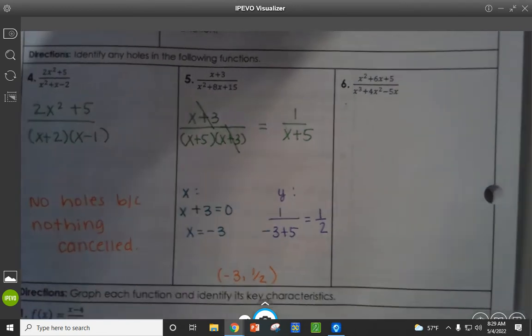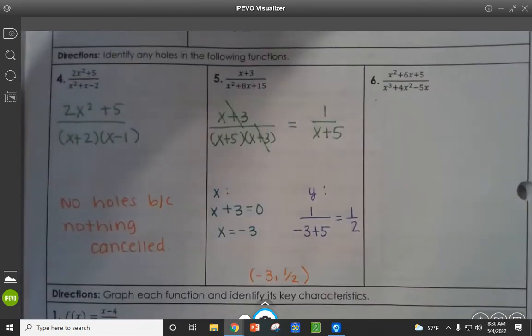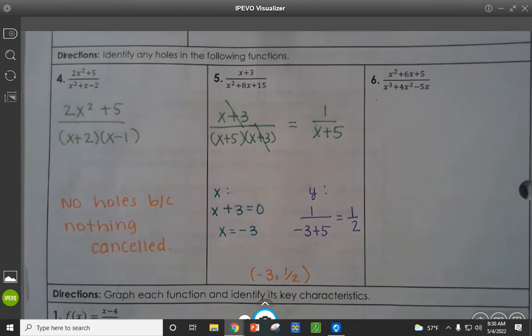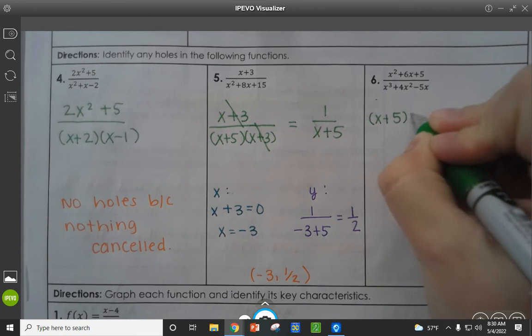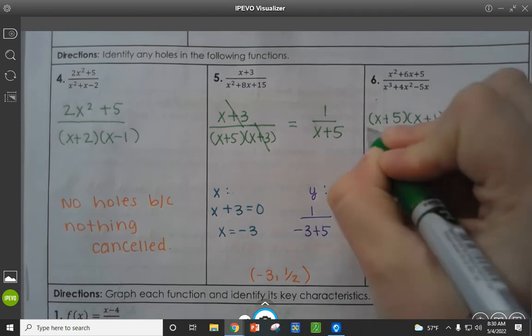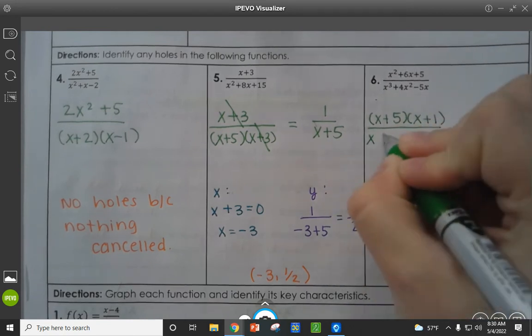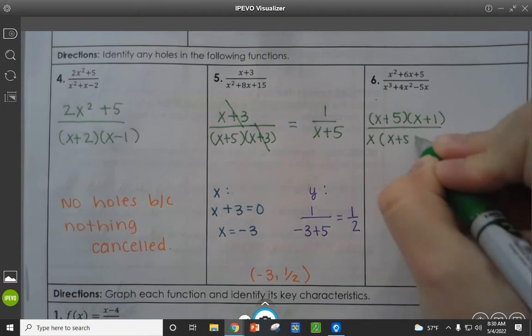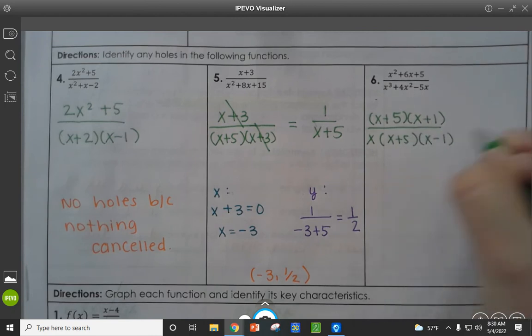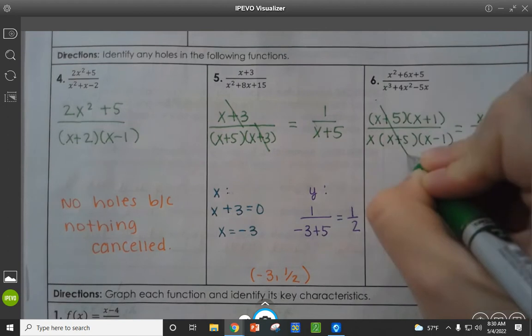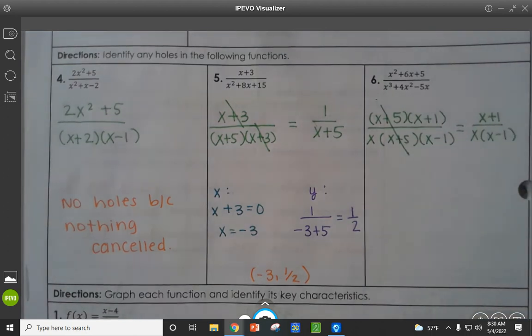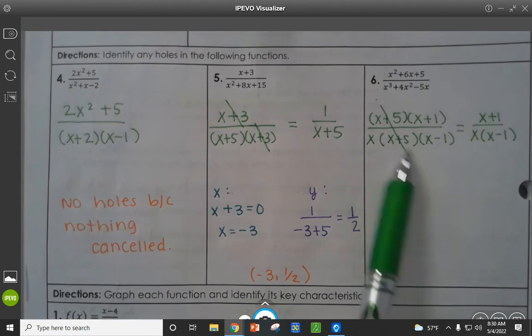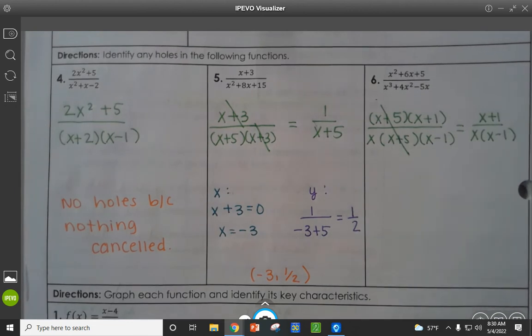And number 6, this one we did x plus 5, x plus 1, x plus 5, x minus 1. So then I just rewrote that without the x plus 5s.